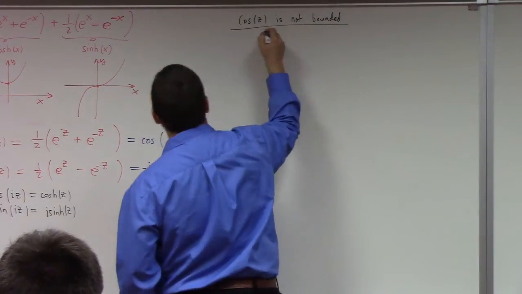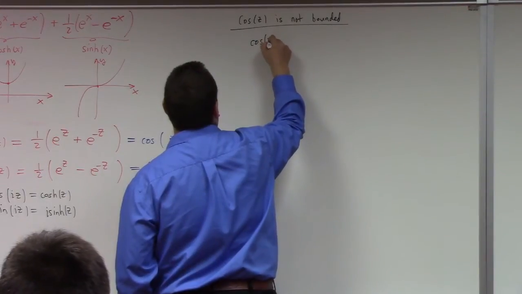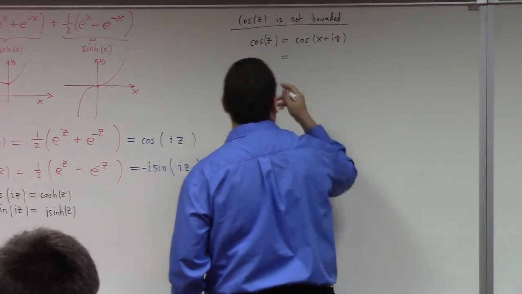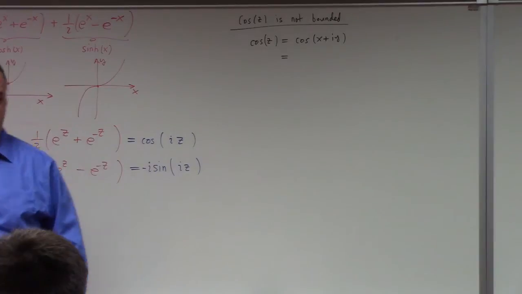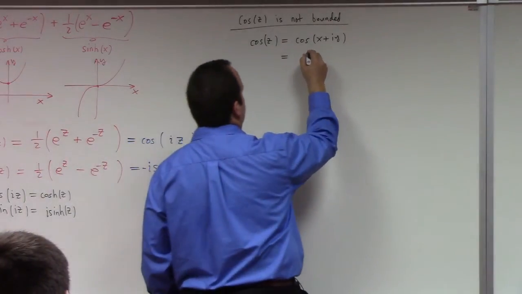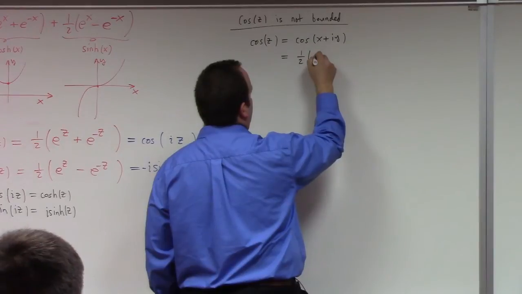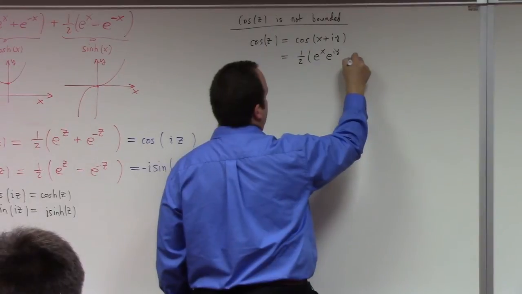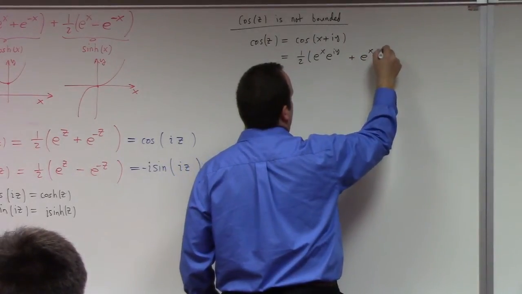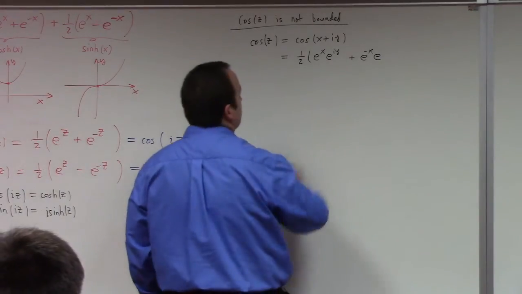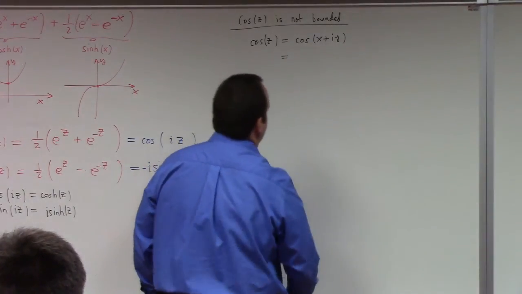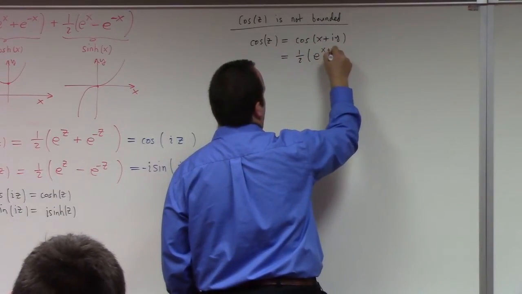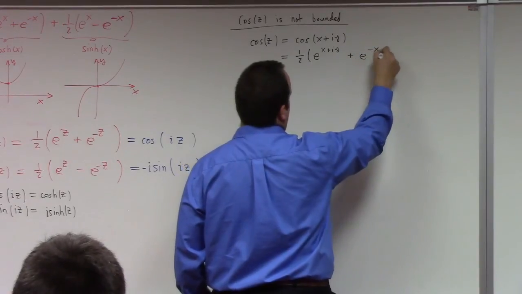So I've got cosine of z is cosine of x plus iy, right? So I'll just keep with the definition here for a second. That's going to be what? 1/2 e to the x plus iy plus e to the minus x minus iy.